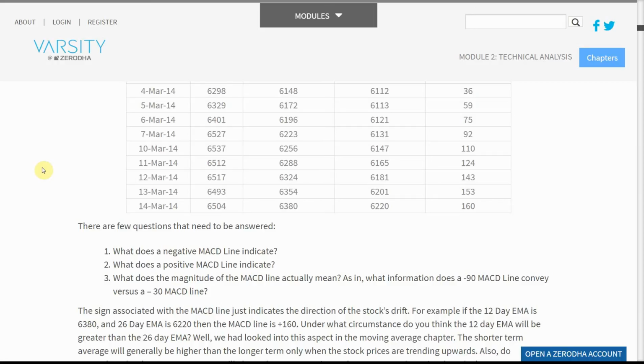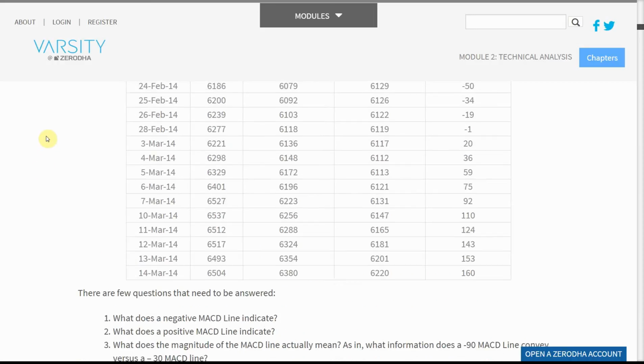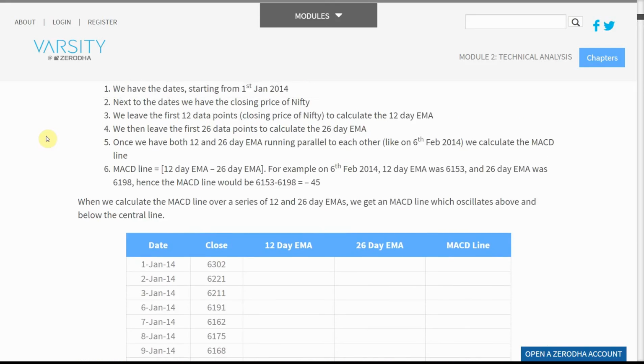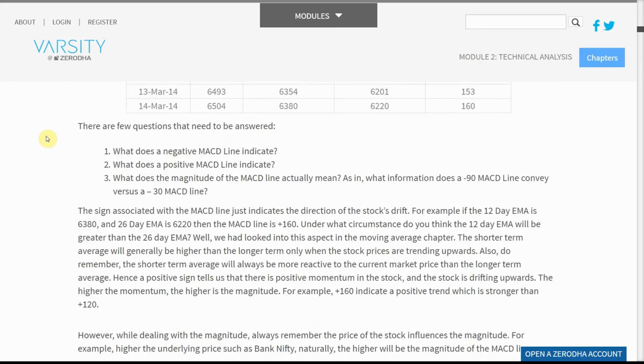The 7th of March 14 6527 6223 6131 92. The 14th of March 10 6537 6256 6147 110. The 14th of March 11 6512 6288 6165 124. The 14th of March 12 6517 6324 6181 143. The 14th of March 13 6493 6354 6201 153. The 14th of March 14 6504 6380 6220 160.